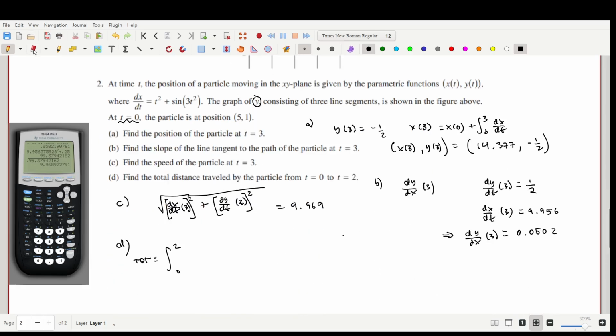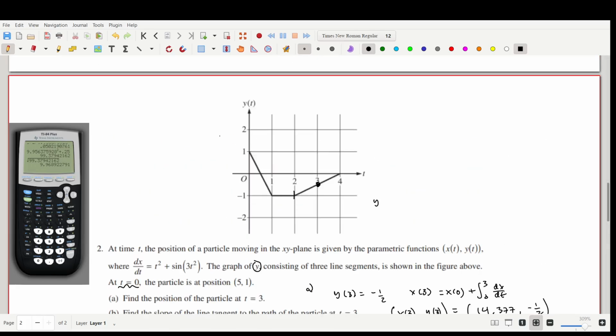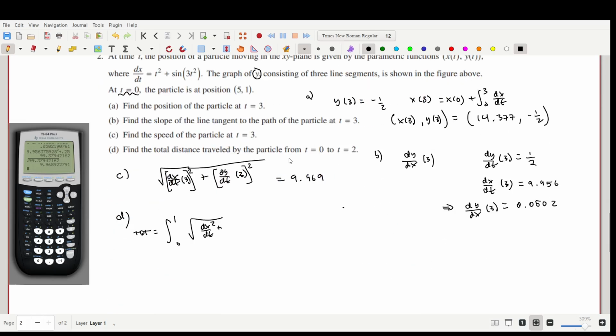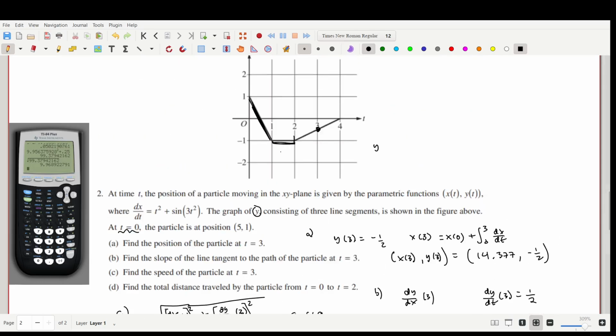So I'm actually going to break it up into two integrals. 0 to 1 of root dx/dt squared plus the slope here is -2. So 4 when it's squared. I'll just write out -2 squared. And then plus the integral from 1 to 2 of root dx/dt squared, because dy/dt is 0 on 1 to 2.